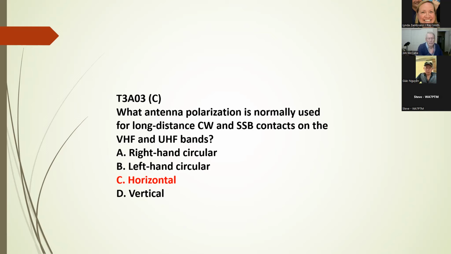And most big antennas for long distance, regardless of the frequency, tend to be horizontal, a long wire of a certain length, or what we call a Yagi antenna, which is a horizontal antenna. So the answer is horizontal. Steve may have a better explanation on that. Nope.